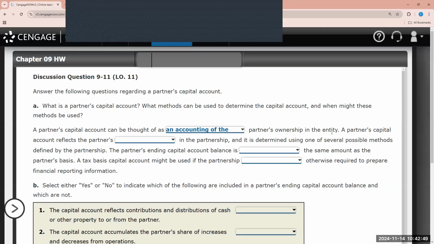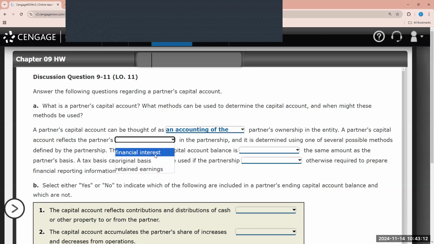How much did they initially contribute? How much did they distribute? The net income would have an increasing effect on the capital. Losses would have a negative effect, etc. So a partner's capital account reflects the partner's, is it their financial interest, original basis, retained earnings? Retained earnings are for corporations, so that wouldn't apply.